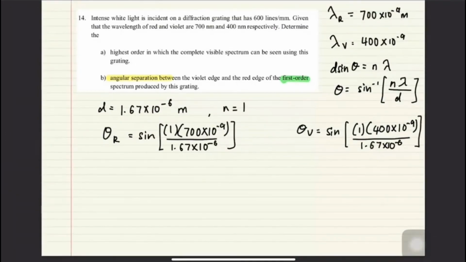Okay, so you calculate and then you get theta R will be equal to 7.32 times 10 Kamu pakai negative 3. radian. Saya pakai degree, sir. Degree.